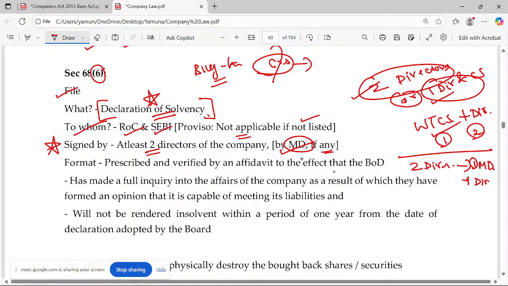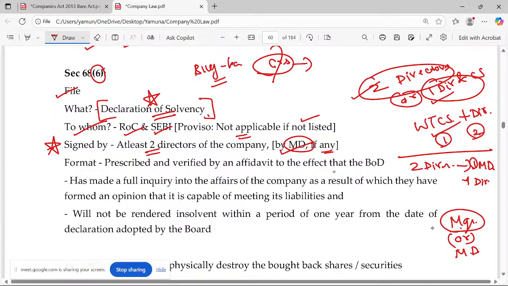Whether a manager can sign? No. Managing director or manager may differ by designation. Law says if there is a manager, there need not be a managing director, and if there is a managing director, there need not be a manager, because they both stand at par by designation.